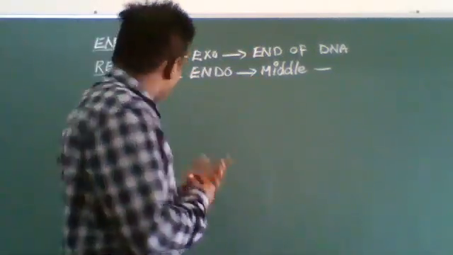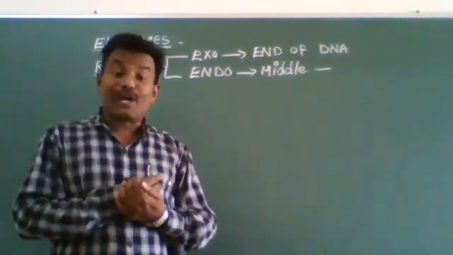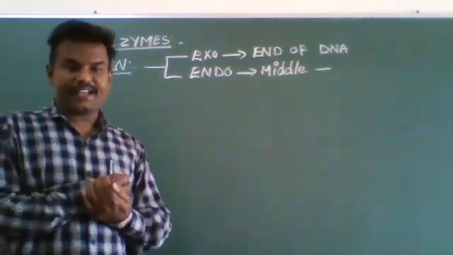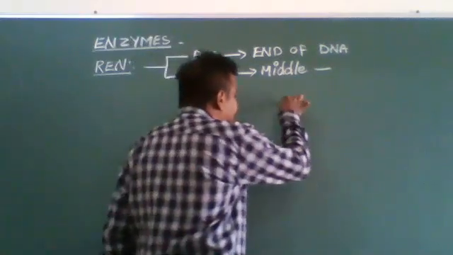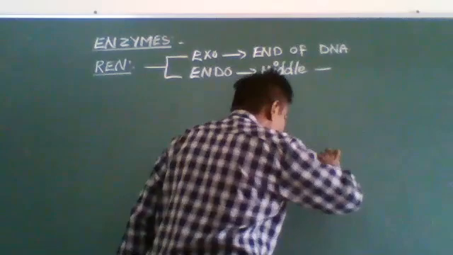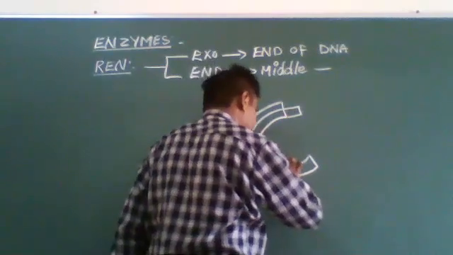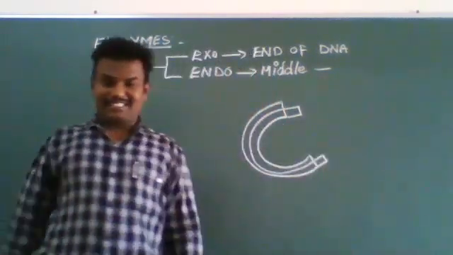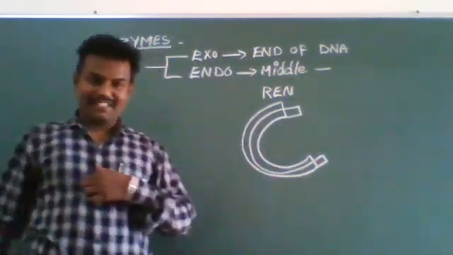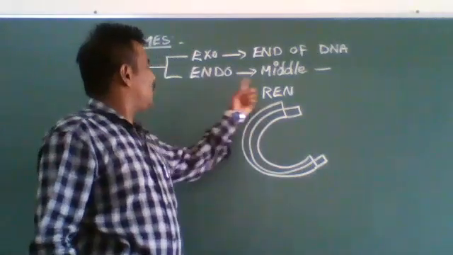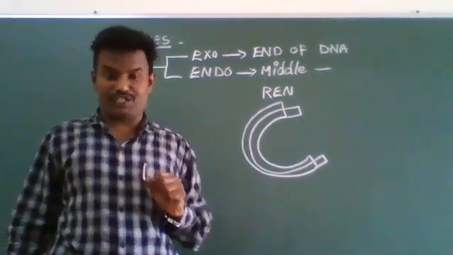Generally, restriction endonuclease enzyme can cut the plasmid DNA as well as foreign DNA, desired DNA, or alien DNA. Yesterday we have already seen that. Like this, restriction endonuclease enzymes can cut within the DNA, that means the middle of the DNA at specific locations.